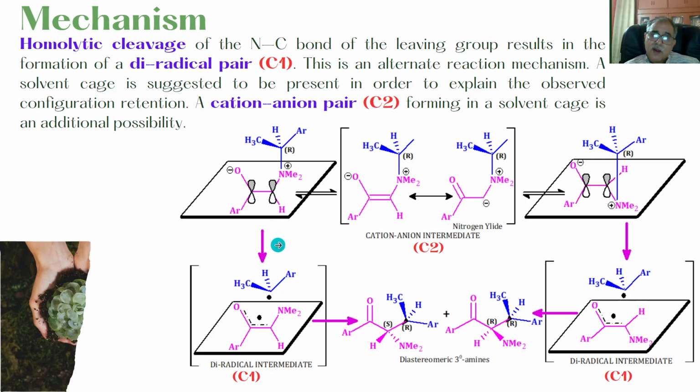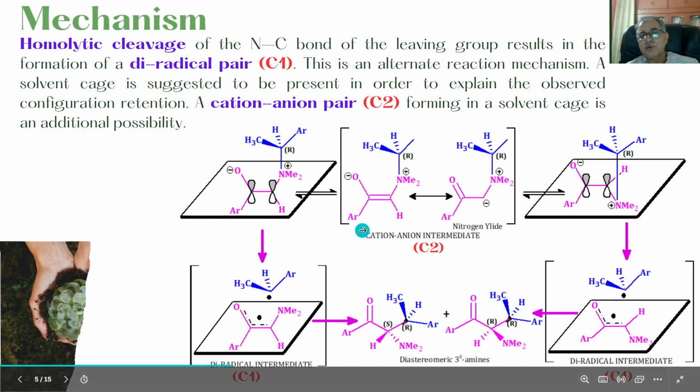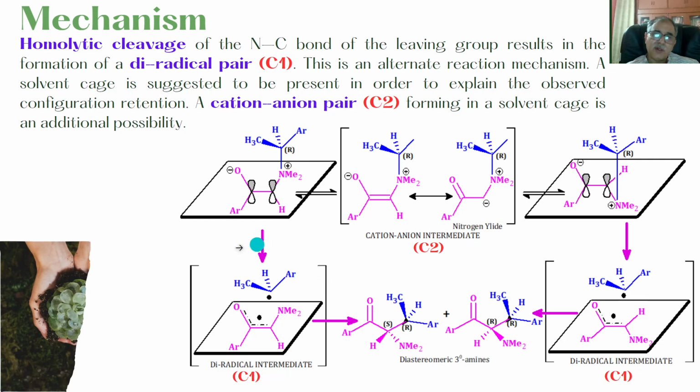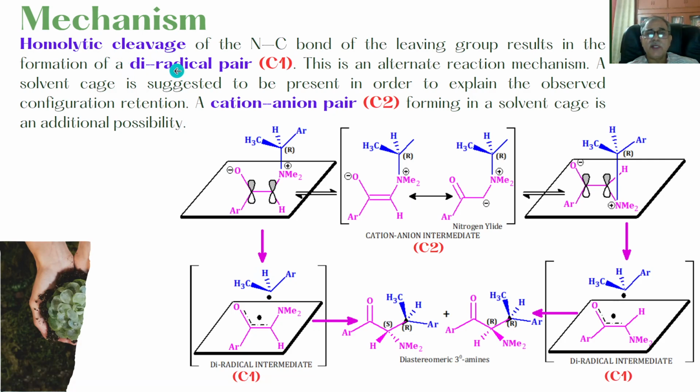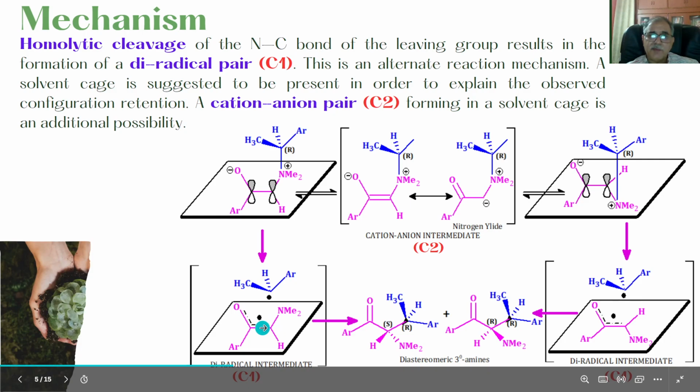So similarly, this can transform into the products either through a cation-anion intermediate or through a diradical mechanism. When homolytic cleavage of this nitrogen-carbon bond takes place, that means this bond will break over here with one electron going to the carbon and one electron going to the nitrogen. And because of the presence of this negatively charged oxygen, the electron will be delocalized all over this part of the intermediate.